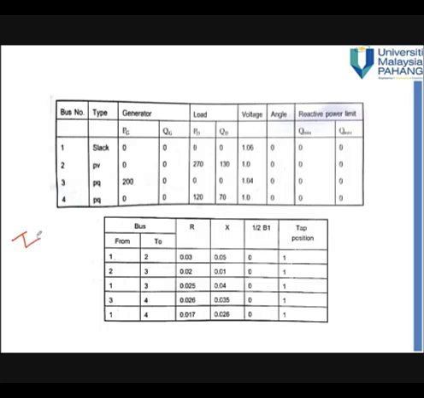So from bus I to bus J, this is your model. This is bus I, this is bus J. So this is the sending end, this is the receiving end, this is your Z.